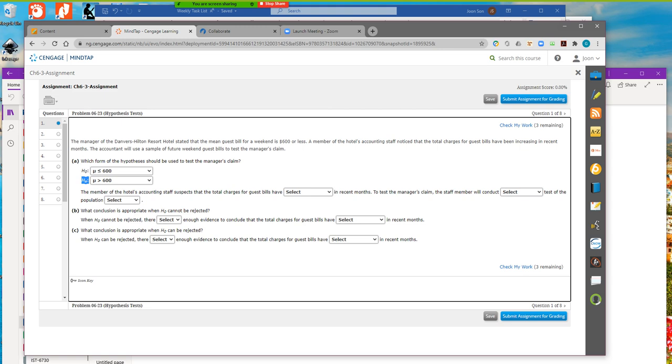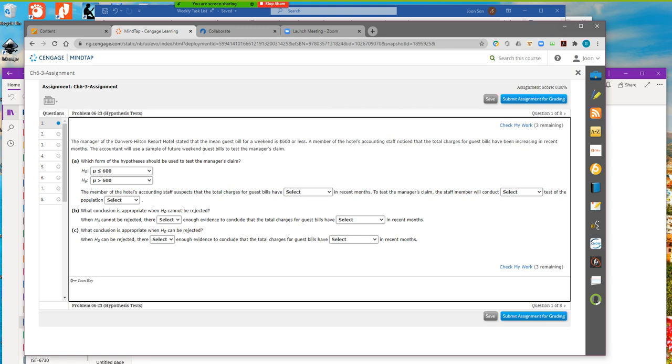Okay, and for part B, what conclusion is appropriate for this: the null hypothesis cannot be rejected? There is enough evidence to conclude that the total charges for the guest bills have increased. So you have to really choose the answer, is or is not.